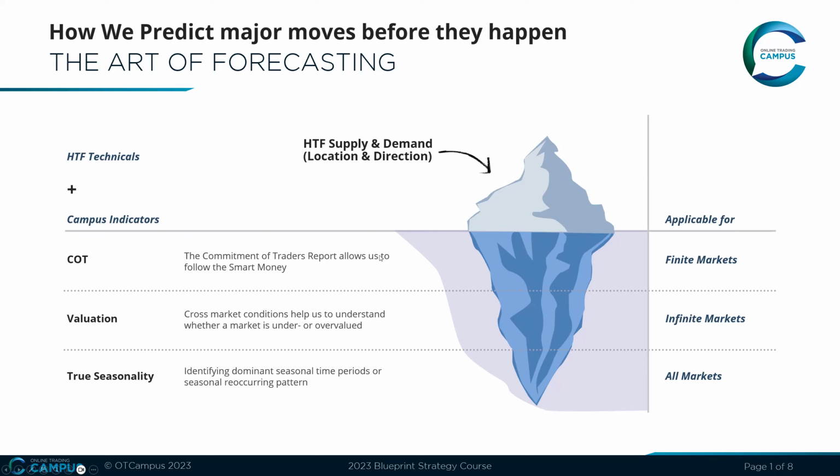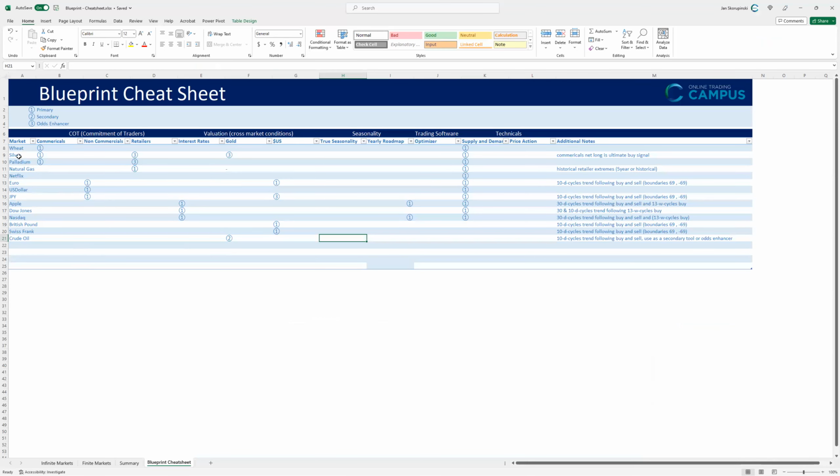For example, if I'm looking at silver and the commercials are buying, I know that I want to buy, correct? Now, the question is, when do I want to buy? That's where true seasonality is going to come into play.